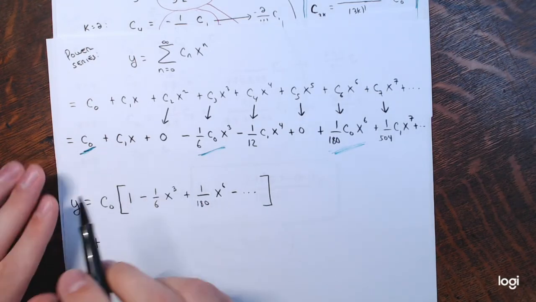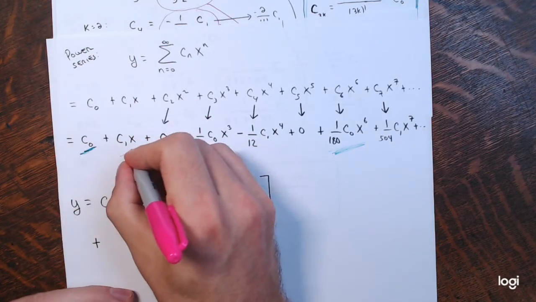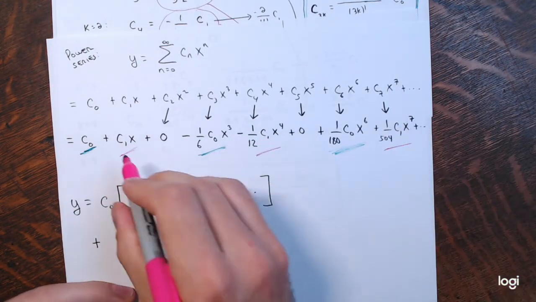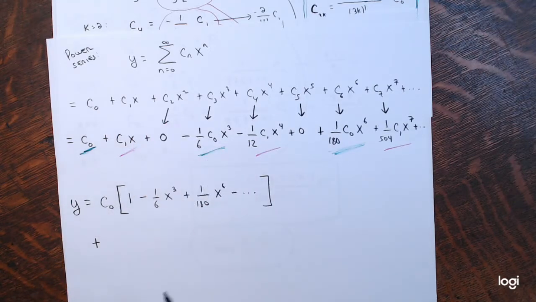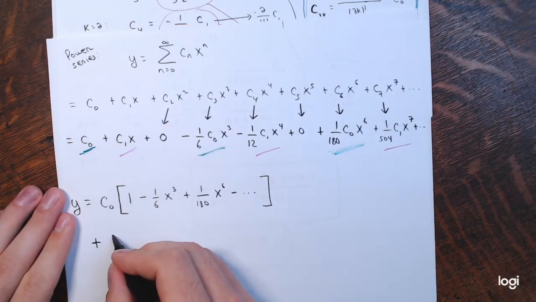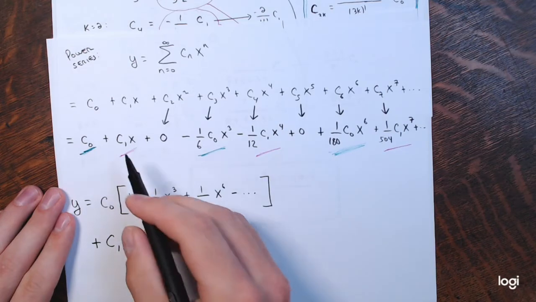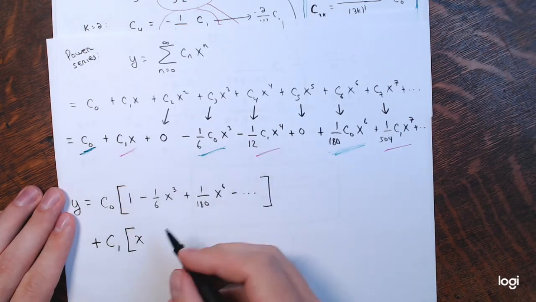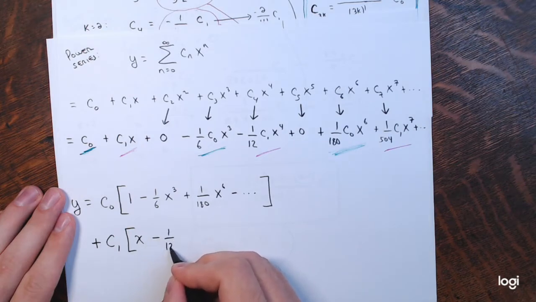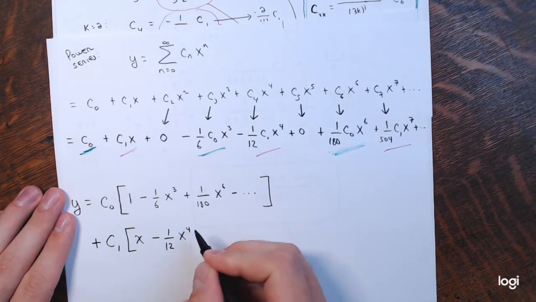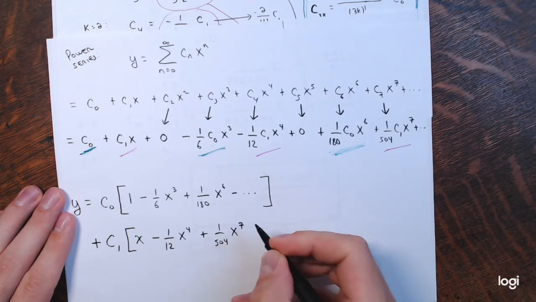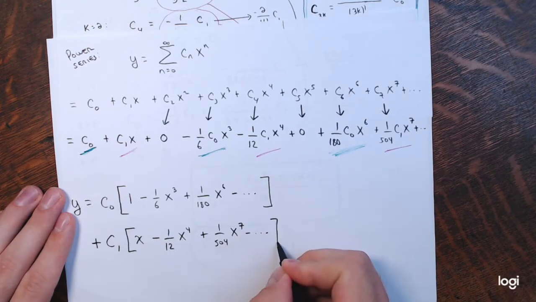Plus, and then all the terms with c1 attached, where the power is a multiple of 3 plus 1, one more than a multiple of 3. Pull out c1 times the sum x minus 1/12 x to the 4th plus 1 over 504 x to the 7th minus dot dot dot, and there we go.